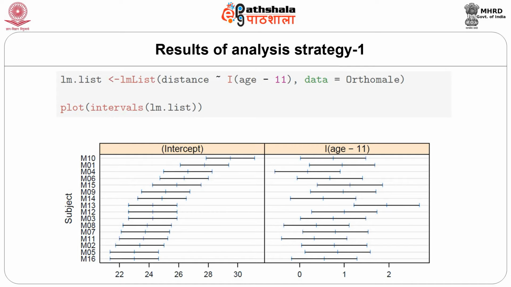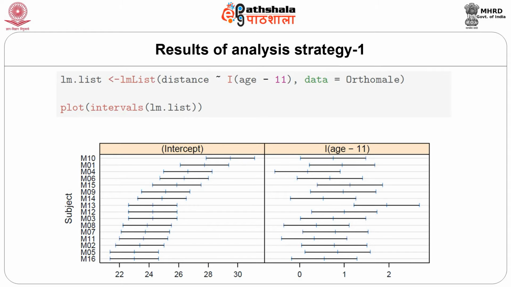Note that this is equivalent to fitting 16 regressions, one for each subject. There is no point in specifying the 16 slopes and 16 intercepts, but we have an intervals function which produces the confidence intervals, and we can use a plot function to see what the confidence intervals look like.